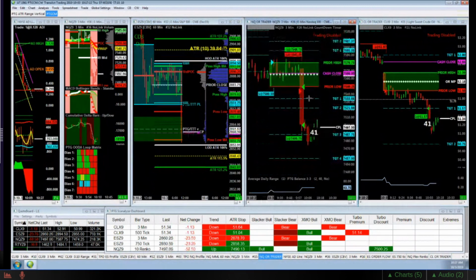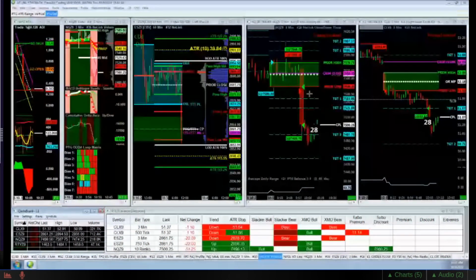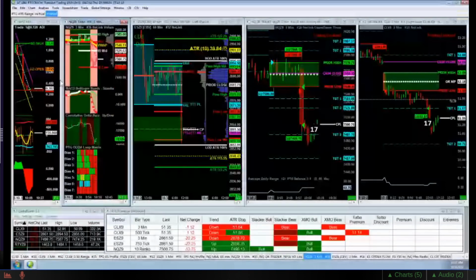So again, that's the strategy in action using the auto execution. You would have never executed that fast. No human would have been able to execute that fast. You would have been indecisive, and even then, I got slippage with the auto. How fast it went. Okay, so that is opening range complete.